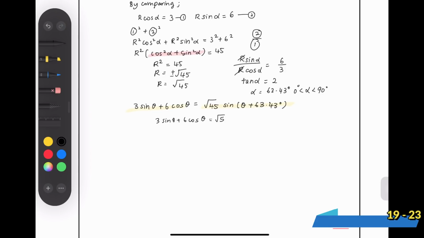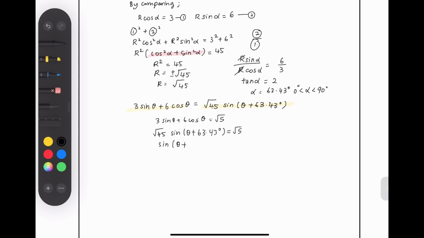Therefore, I can say that root 45 sin(theta plus 63.43) is also equal to root 35. Simplify to get 1 over 3.